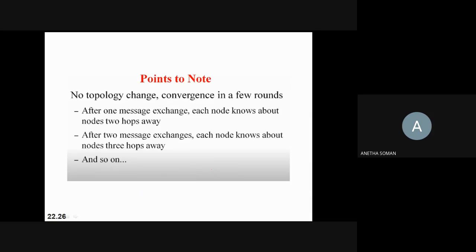The meaning is, if you have a node A, which is directly connected to B, right? And B is connected to C. In the first hop, B will be sharing its information to A, right? At the same time, C gets the information from B also.